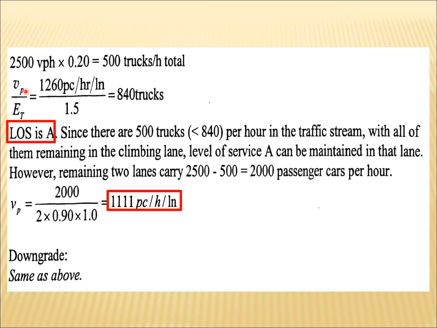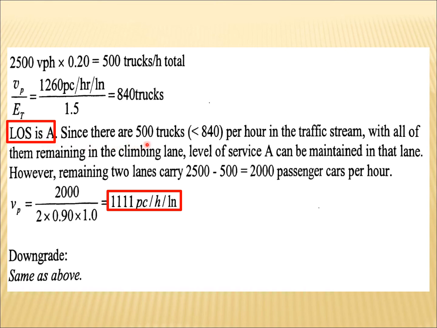And this V sub P over E sub T will give you the number of trucks. V sub P, that is 1260 passenger cars per hour per lane, divided by 1.5, so 840 trucks. So here you would find that the level of service is A.